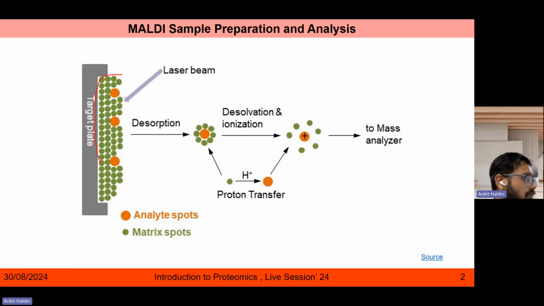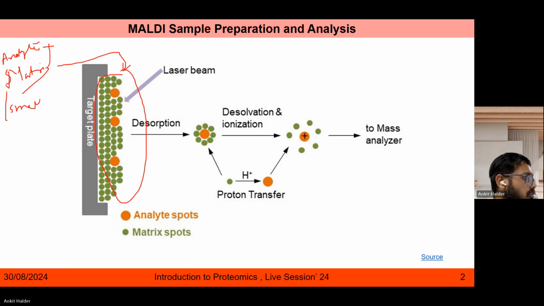So this contains your analyte plus matrix. What is this matrix? This is a small organic molecule.